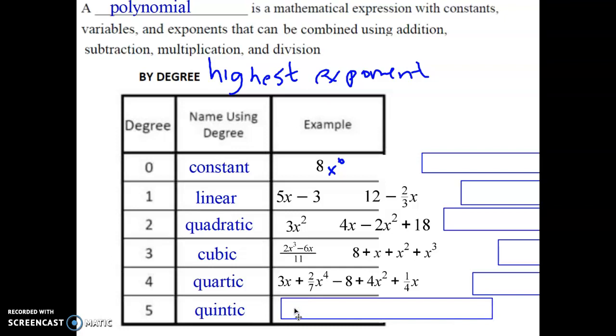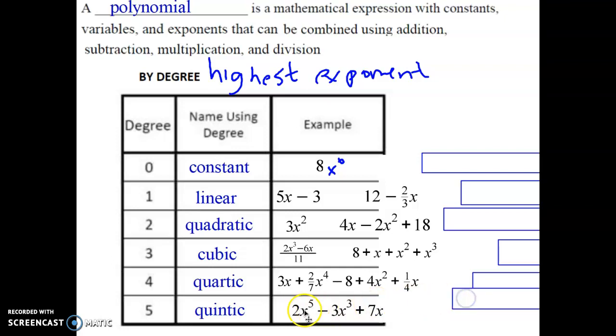If you have 5 people singing or playing an instrument together, that's a quintet. And here's an example of a quintic polynomial. So in my quartic polynomial here, you can see that I have put several different exponents. And in my quintic polynomial, it is much smaller. It only has 3 terms. Either one of those is fine. It doesn't matter. You focus on the highest exponent.